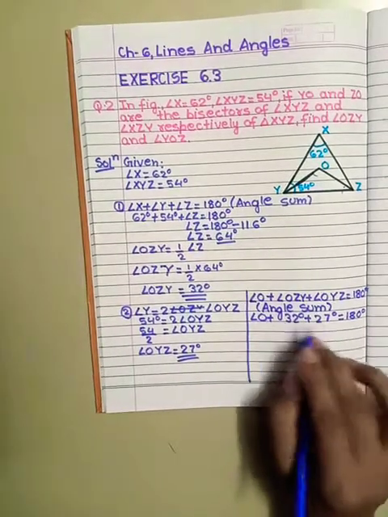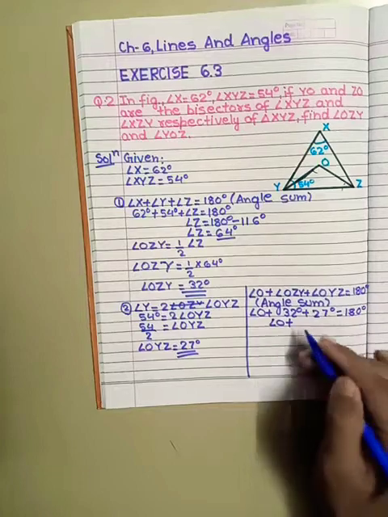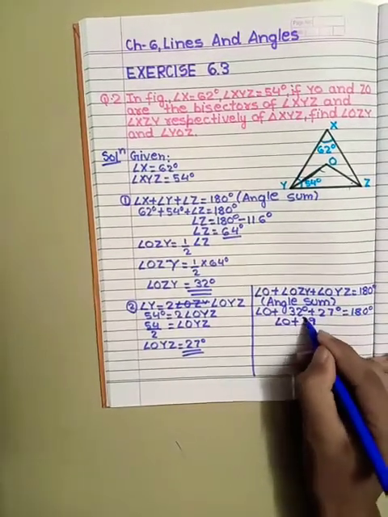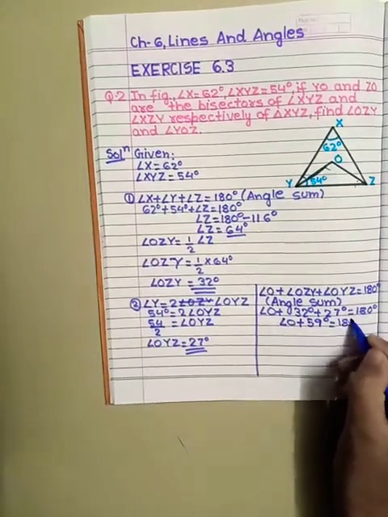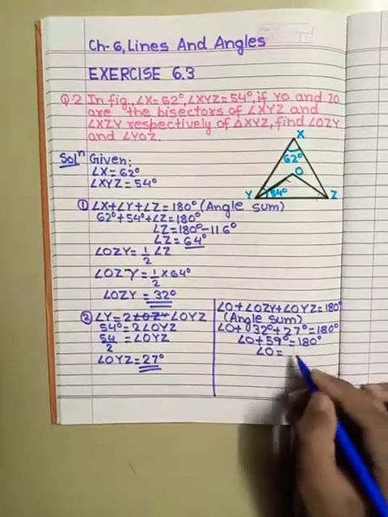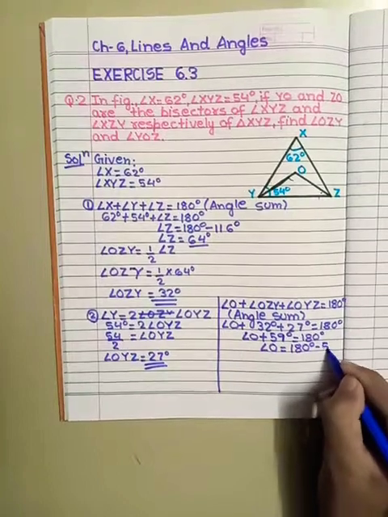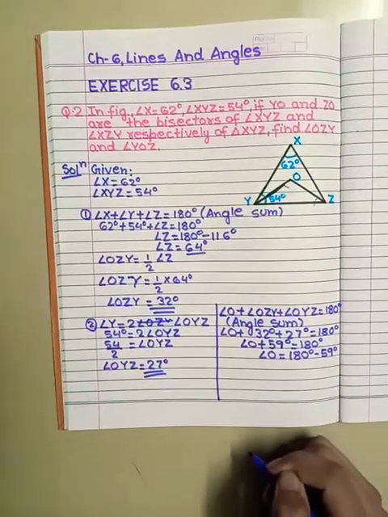Now when we add these two, we get the equation angle O plus 59 degrees will be equal to 180 degrees. Now angle O will be equal to 180 degrees minus 59 degrees, transposing 59 from LHS to RHS.